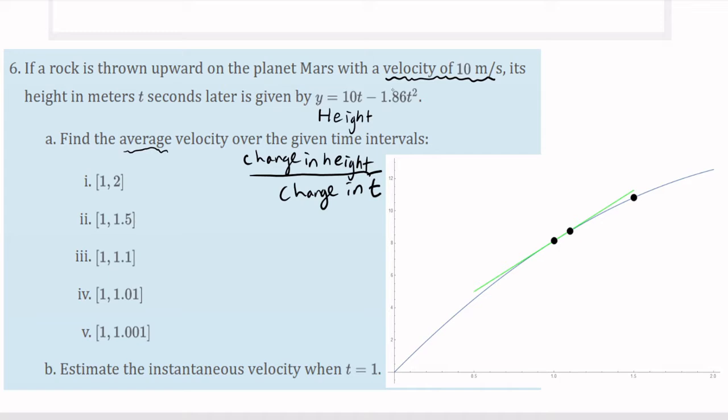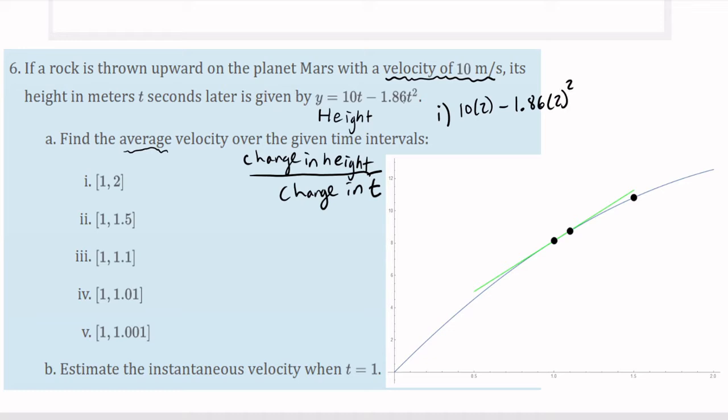All right, so how can we do this? Well, we have height here, and we have time given here. These are all t's, so we just plug in. These problems, you just literally plug in. So for the change in height, it's going to be my height at 2 compared to my height at 1. The height at 2 would be 10 times 2 minus 1.86 times 2 squared.